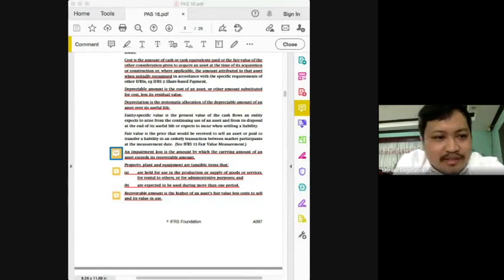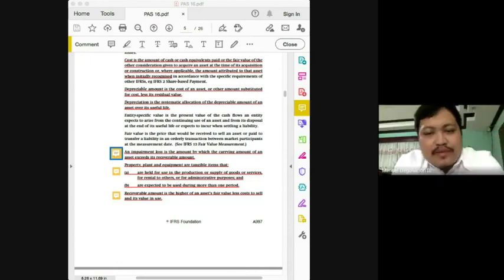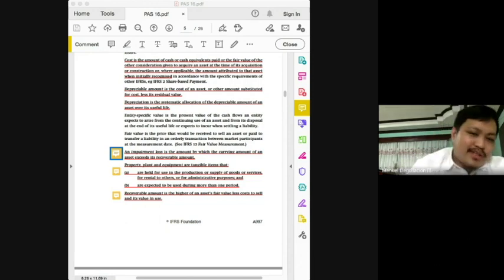Let's say the carrying amount is 200,000. Okay. What if the fair value less cost to sell is 250,000, while the value in use is 150,000?